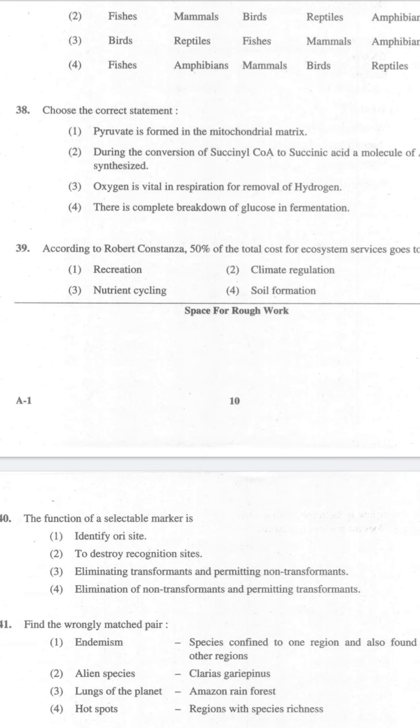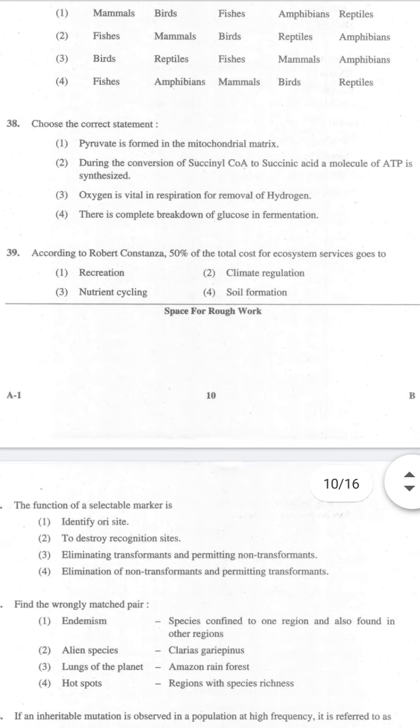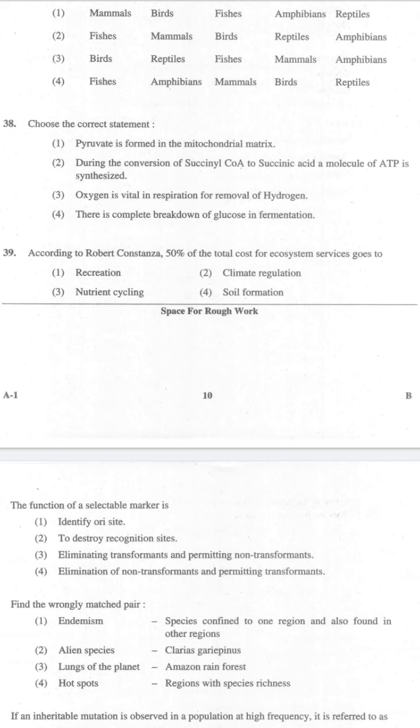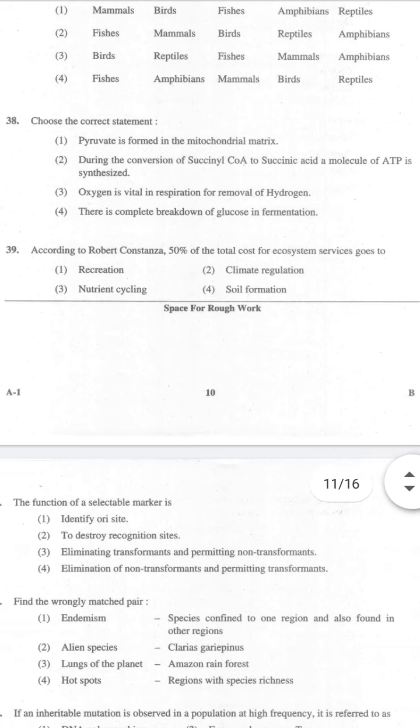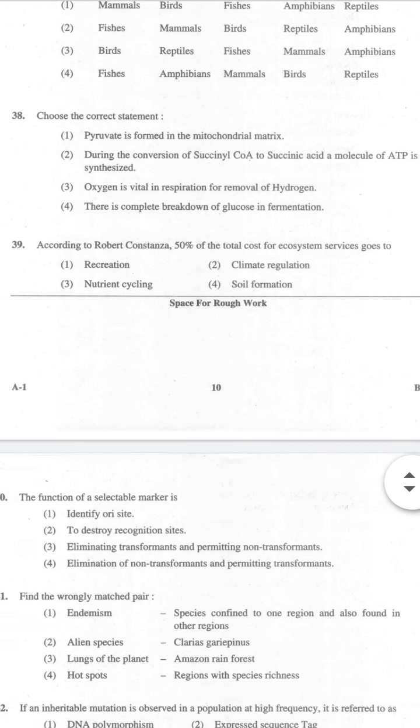According to Robert Costanza, 50% of the global total cost for ecosystem services goes to option 1, recreation, option 2, climate regulation, option 3, nutrient cycle, option 4, soil formation. So the correct answer from the given four options is option 4. Let's see the solution.